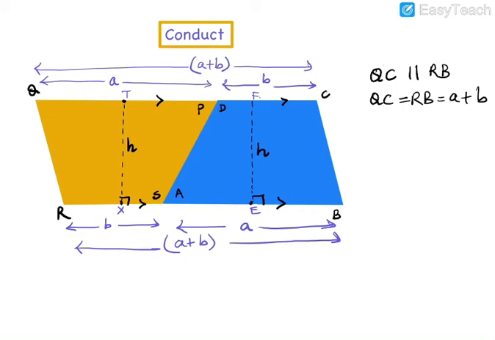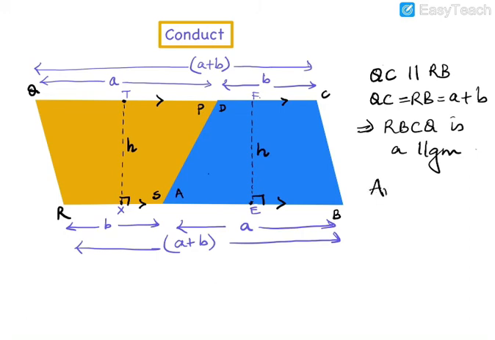And we have studied theorem 8.8 which says that a quadrilateral in which one pair of opposite sides is parallel and equal is a parallelogram. So this implies RBCQ is a parallelogram.